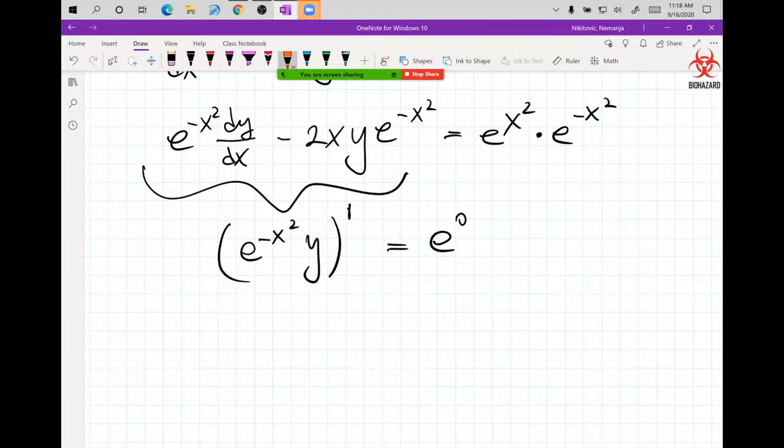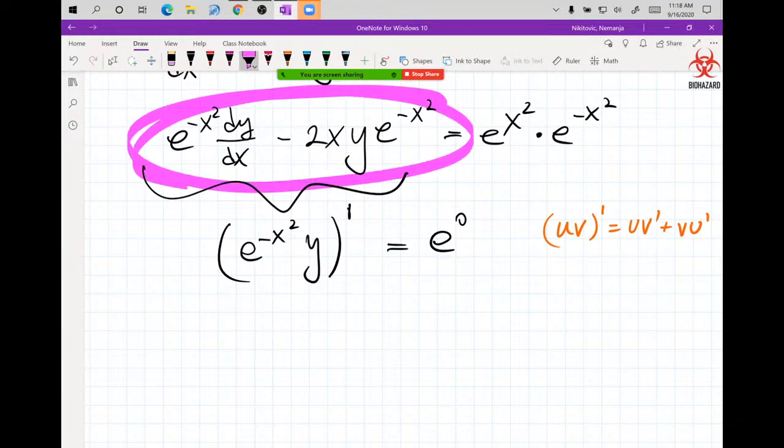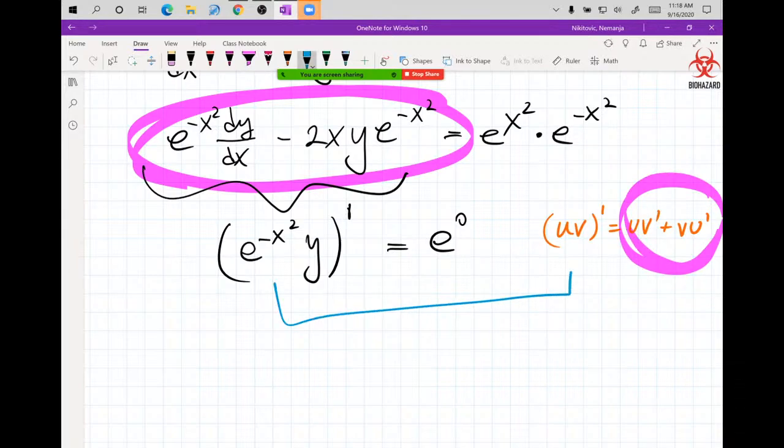We have uv, two functions, which gives you uv prime plus vu prime. And this is this, which clearly means then those two are that.